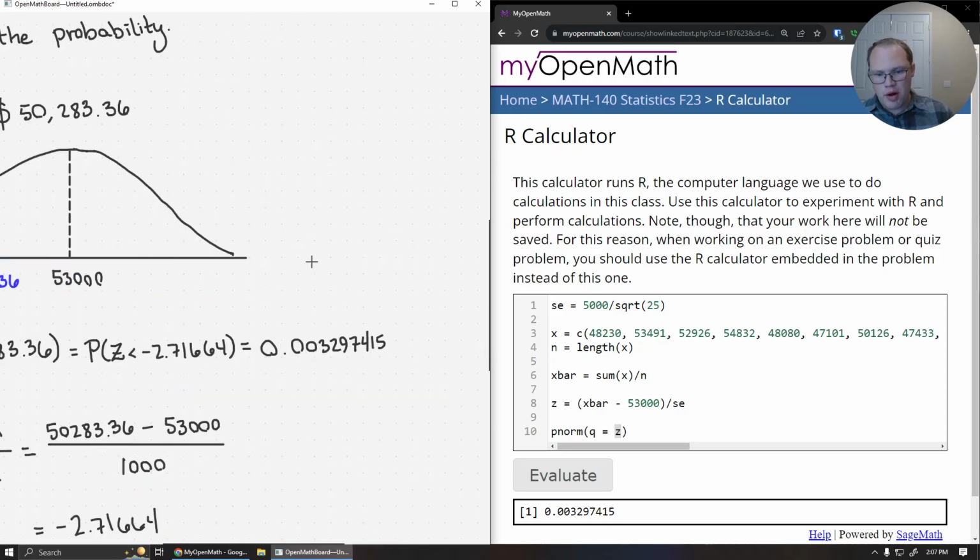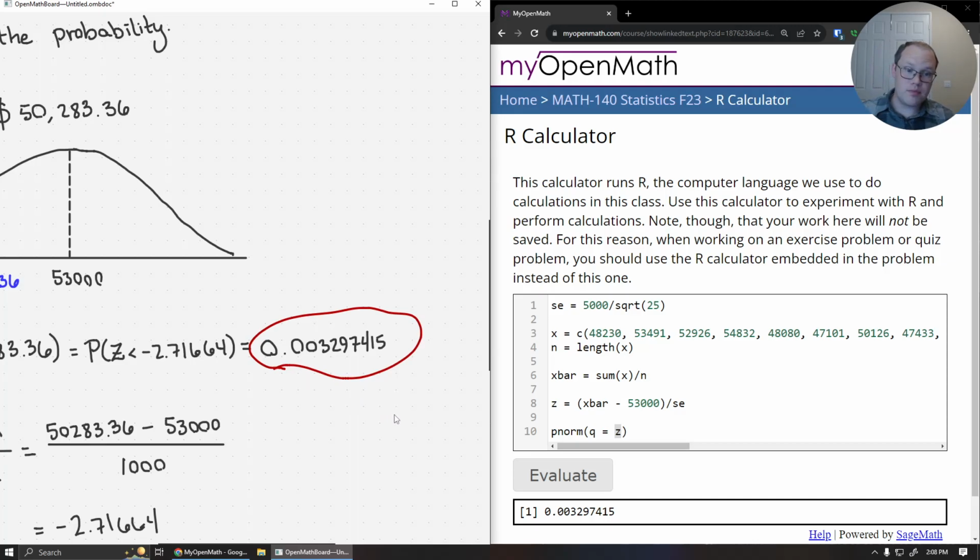But what probability did we get? We got 0.0032974415. That's a very small probability. That's less than 1% chance. Okay? So if the original hypothesis was true, if the company's claim was true, then the chance that we get the kind of sample mean that we actually calculated is less than a 1% chance of happening.